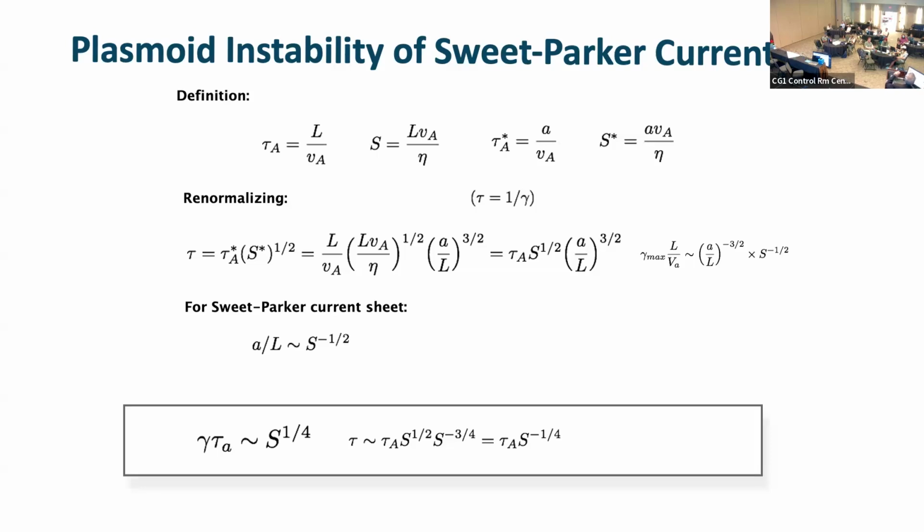If S tends to infinity and I find that gamma tau A is constant, that's okay, because it respects ideal MHD. And you can ask yourself, okay, if I put in here A over L proportional to S to the minus alpha, what alpha makes gamma tau A be independent of S?